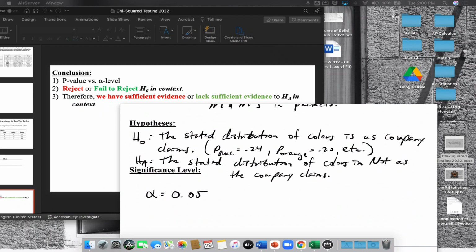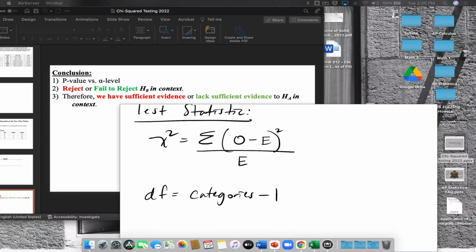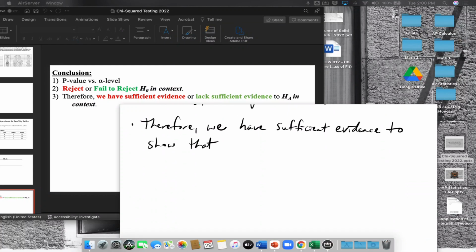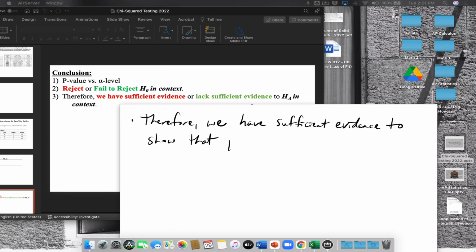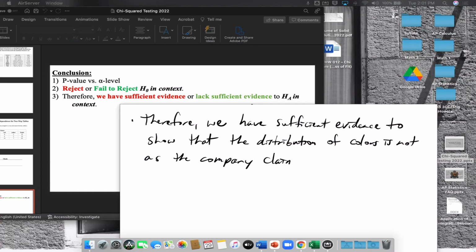Therefore, we have sufficient evidence to show, yes, there we go, to show that the distribution of colors is not as the company claims.